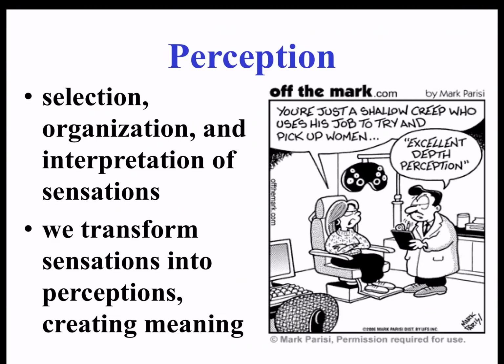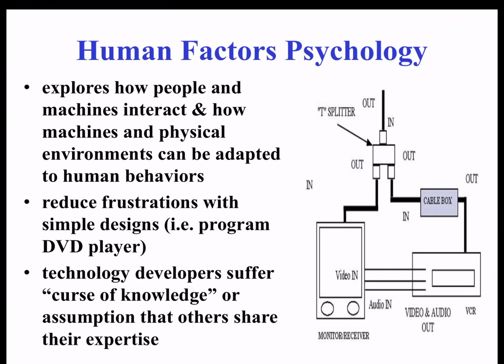So let's look at perception, because it's a really big part of something we call human factors psychology. Human factors looks at humans' perceptual abilities and tries to construct elements within our environment that we can easily interact with. For example, have you ever tried to hook up a DVD player or a game system to your television?